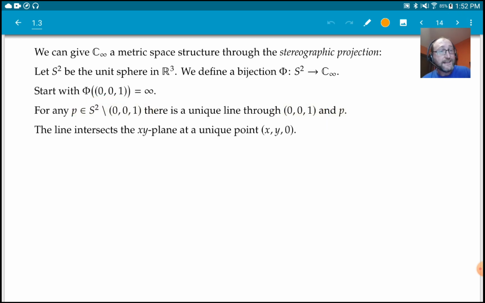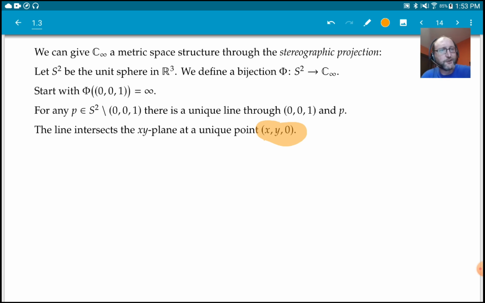And that line, a 1-dimensional straight line, has to intersect the xy plane in R3 at a unique point, some point x, y, 0, right?